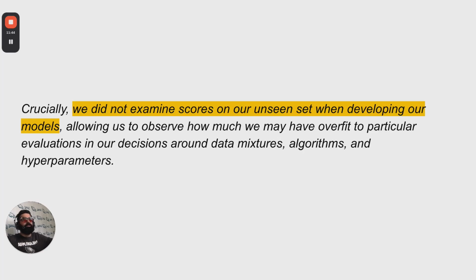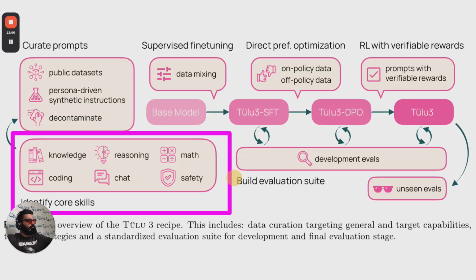So they're constantly using the eval suite as the guiding metric. Because of that, there's a chance you could overfit to it. So the unseen eval suite is very helpful because it lets them know: did their decisions actually generalize, or were they just decisions that fit to maximize the eval suite benchmarks?